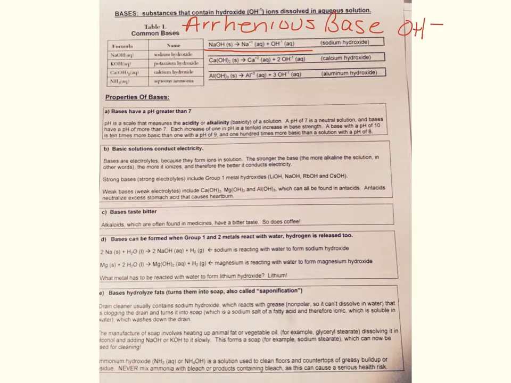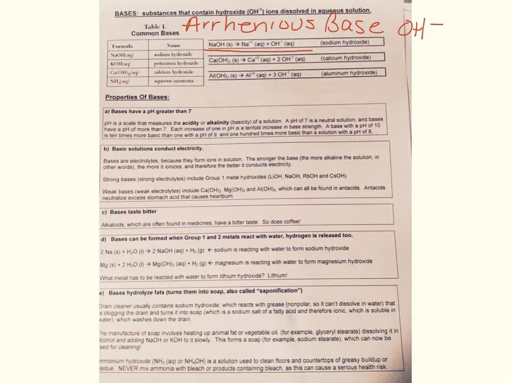If I go from a pH of 8 to a pH of 10, that is a 100-fold decrease in hydronium. So we always measure pH as a measure of hydronium or H concentration. Basic solutions conduct electricity. Mobile ions, they taste bitter.